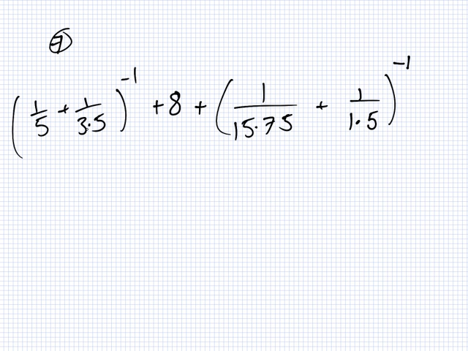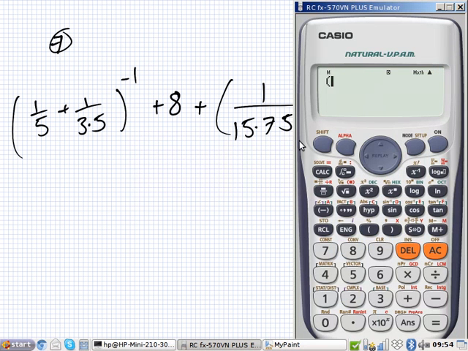So I can do this all in one go on the calculator, hopefully. Minus 2. Oh, sorry. I thought you were telling me the answer is minus 2. I didn't realize I typed minus 2. 1 over 5 plus 1 over 3.5. 1 over 15.75 plus 1 over 1.5, yeah?